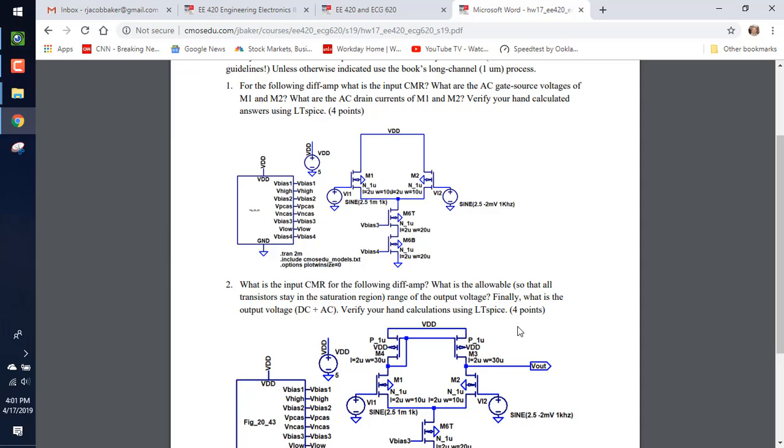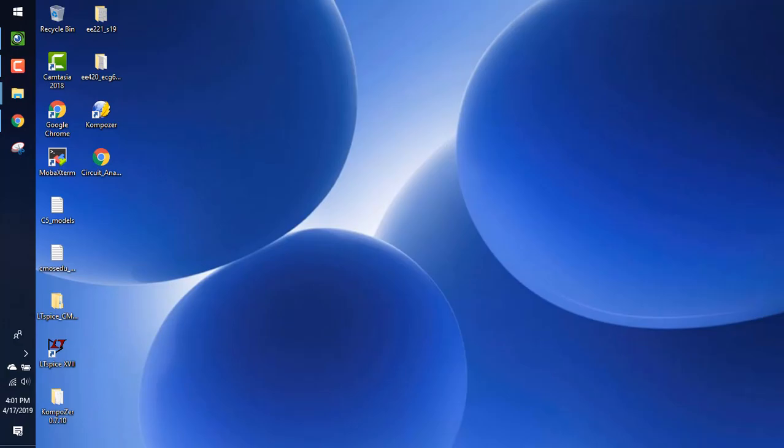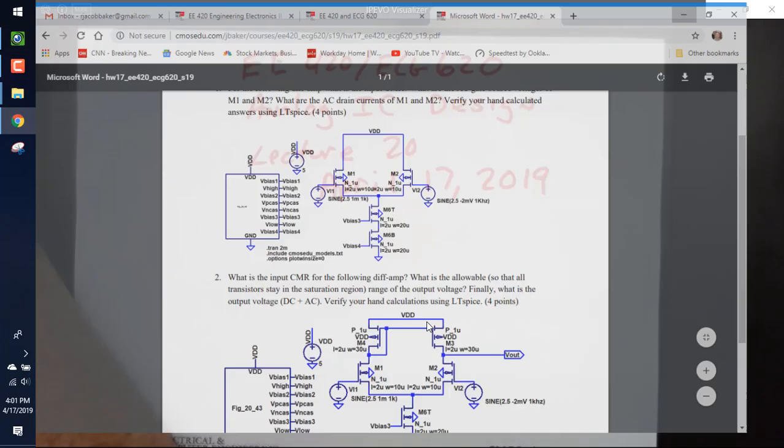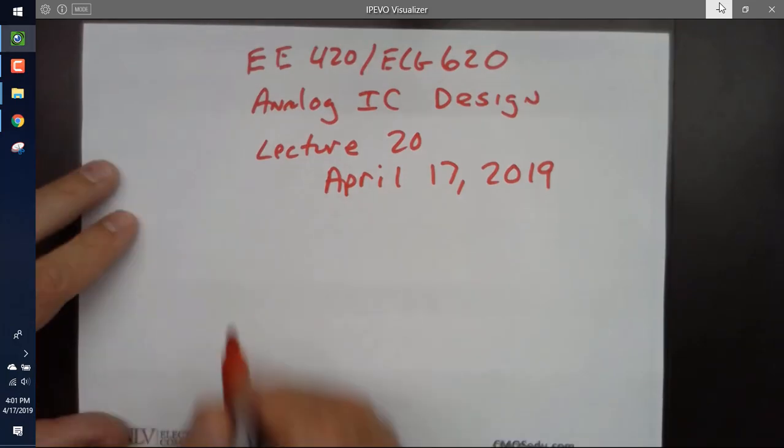Oh, are you serious? You need me to input common mode range? This is a challenge? All right. Did you see that here this device was a 20 by 2 instead of a 10 by 2? So let's go draw it.